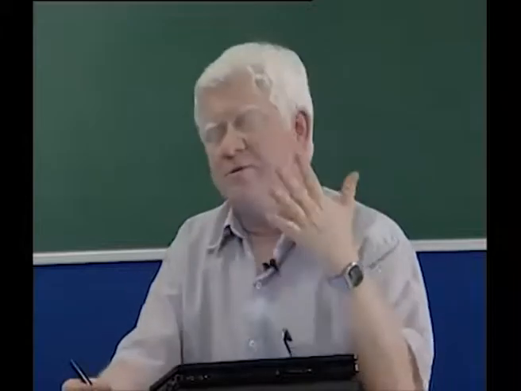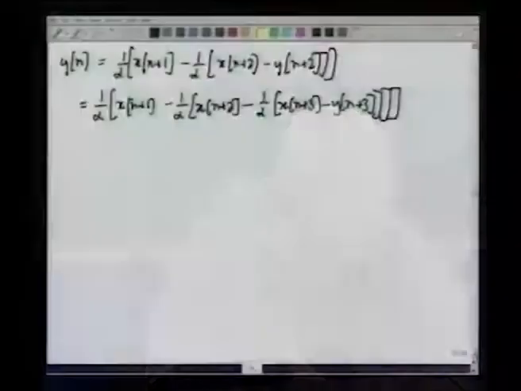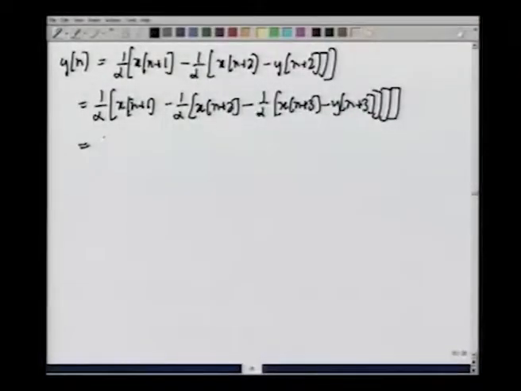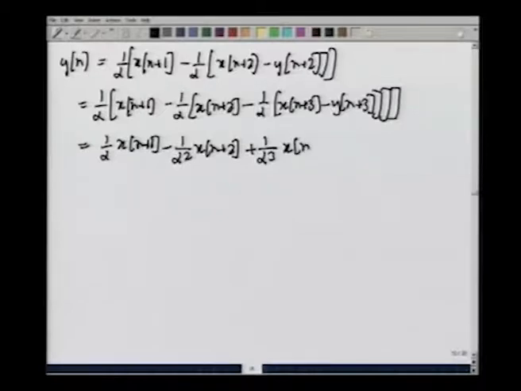Let us just expand these terms. This is equal to 1 by alpha multiplied by x n plus 1 minus 1 by alpha squared x n plus 2 plus 1 by alpha cubed x n plus 3.